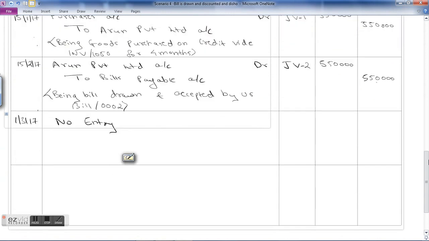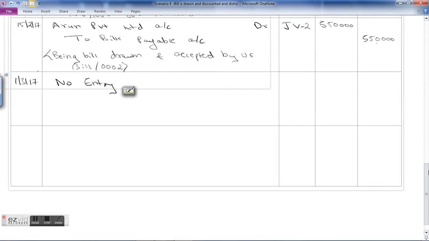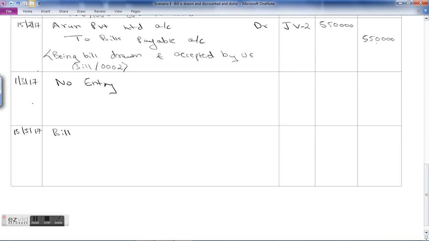Okay, so the entry will be now that bills payable liability which was there in the books on 15th May, it will automatically get cancelled on the due date. Okay, so it had a credit balance, so we have to debit it. So bills payable account debit JV number 3, 5,50,000.